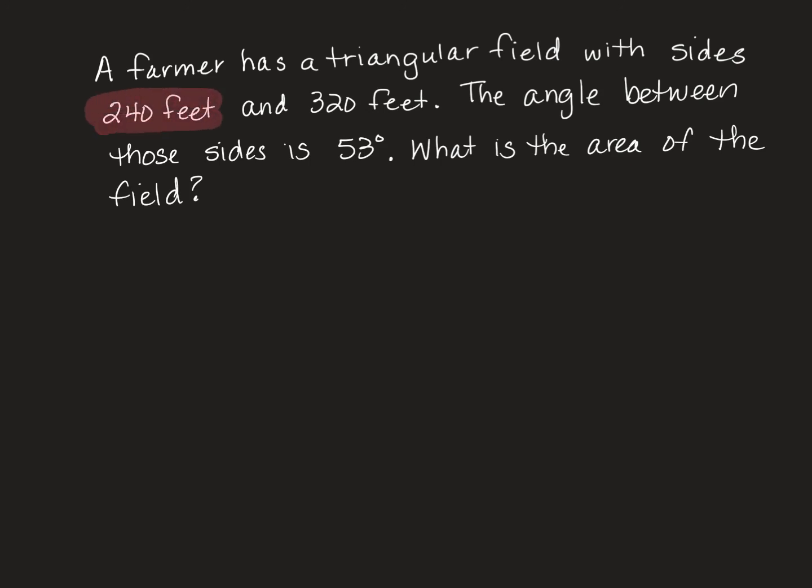I have a side length here, another side length here, and then I have an angle measure in between them. I might draw a triangle again, not caring what it looks like. I know that I have a 240-foot piece, a 320 piece, and that angle in between them is 53 degrees.